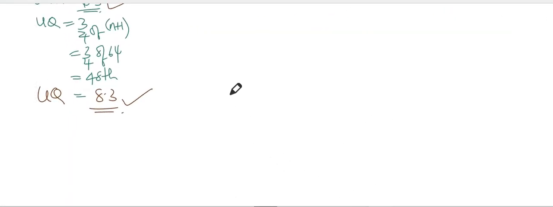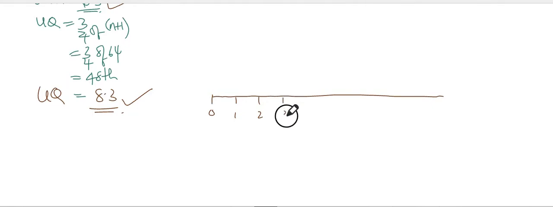Okay, this can be done using graph paper. So draw a straight line, and let's say this is 0, and this is 1, this is 2, that's 3, that's 4, that's 5, that's 6, that's 7, that's 8, that's 9, that's 10, and that is 11.